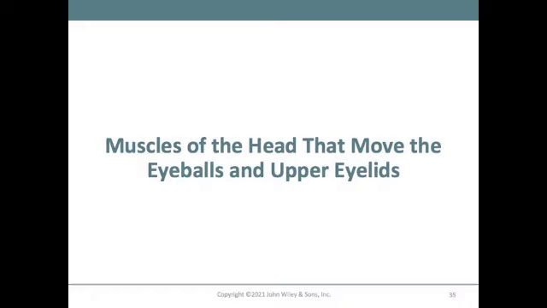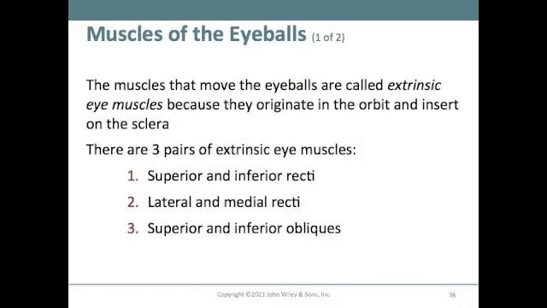Muscles of the eyeballs. The muscles that move the eyeballs are called extrinsic eye muscles because they originate in the orbit and insert on the sclera. There are 3 pairs of extrinsic eye muscles: superior and inferior recti. Remember what recti means? Rectus, so that's going to be parallel to the midline. And remember superior and inferior, higher or lower.